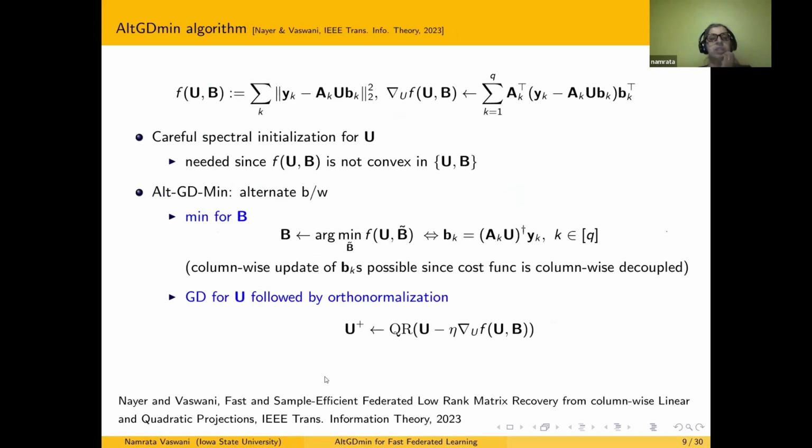AltGDmin says I will deal with both problems as follows. I'll come up with a careful spectral initialization, which is a simple modification of existing approaches. I'll come to it.